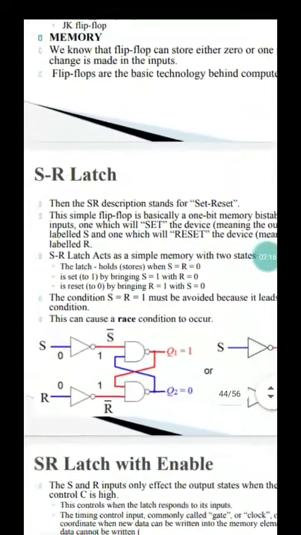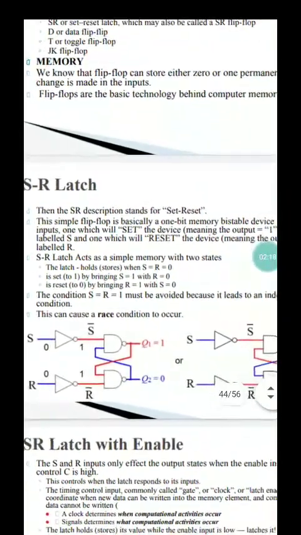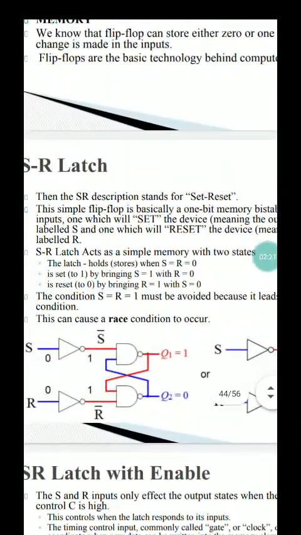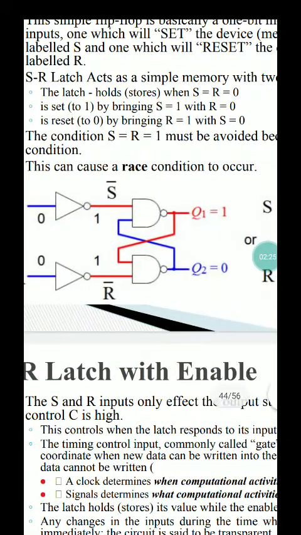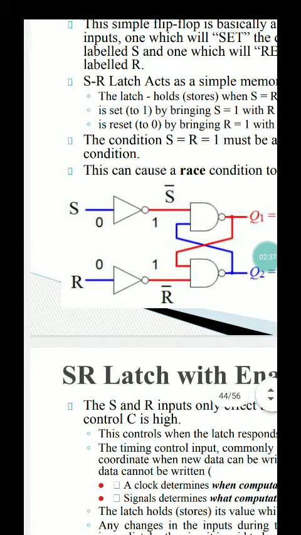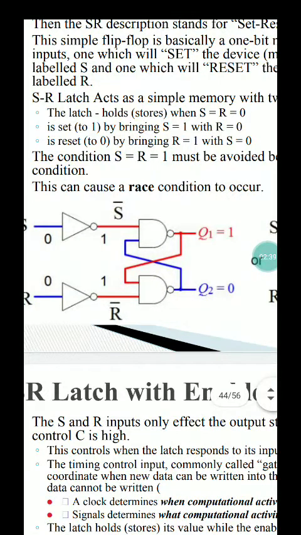In SR latch, operation is simple. It is implemented with the help of two NAND gates and two NOT gates. If you look at the NAND gates, you can see the output of one NAND gate acts as input of the other NAND gate, and NOT gates are there at the input side.